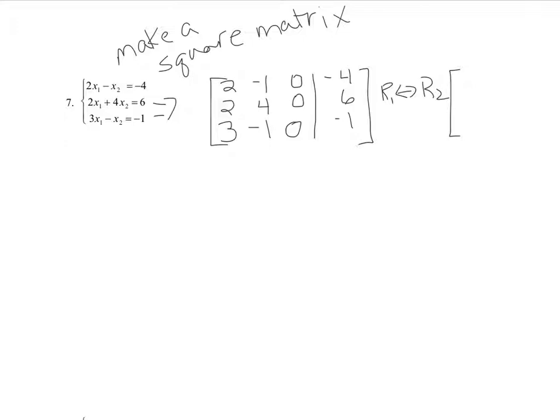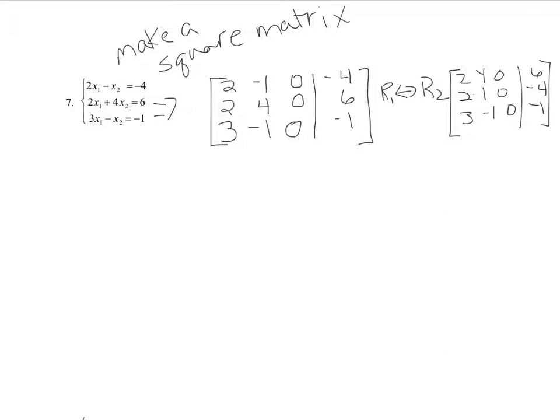Not required, but it's definitely an option on what you can do. By doing that, I'm going to have my 2, 4, 0, 6 on the first row, and then I'll have 2, negative 1, 0, negative 4 on the next row, 3, negative 1, 0, negative 1 on that row.